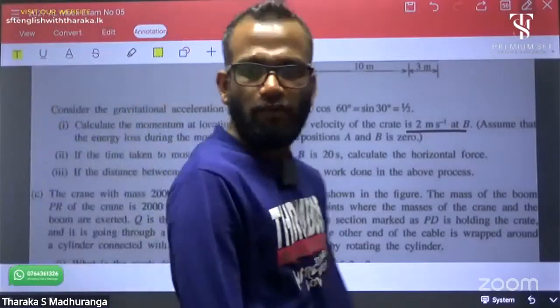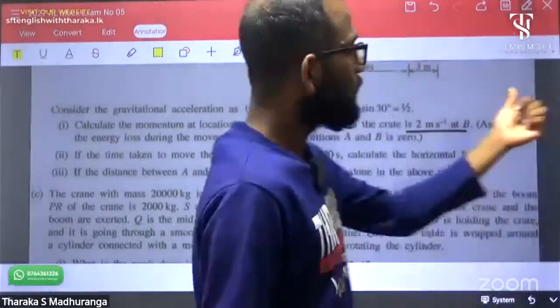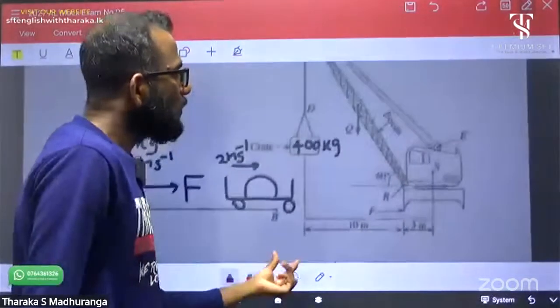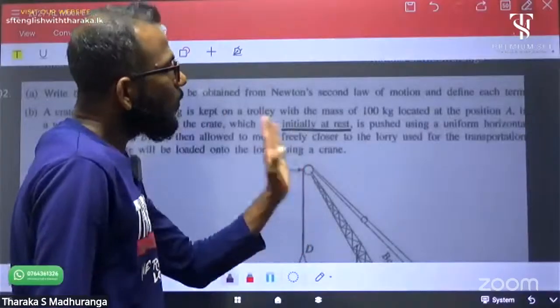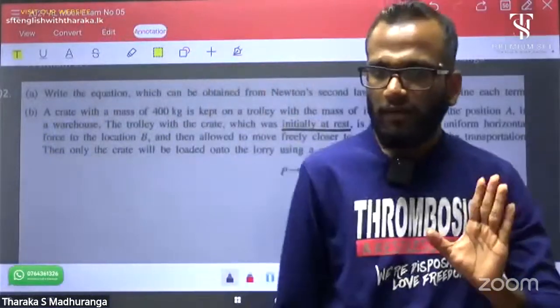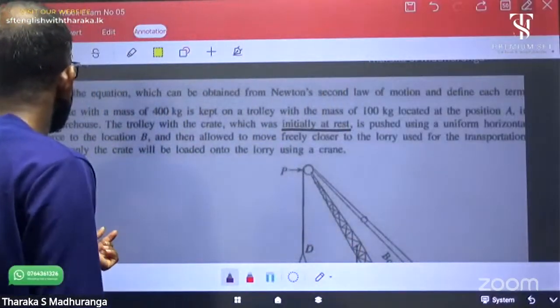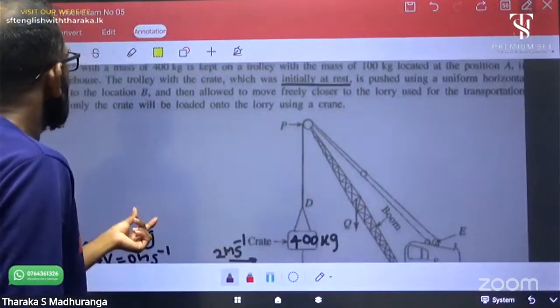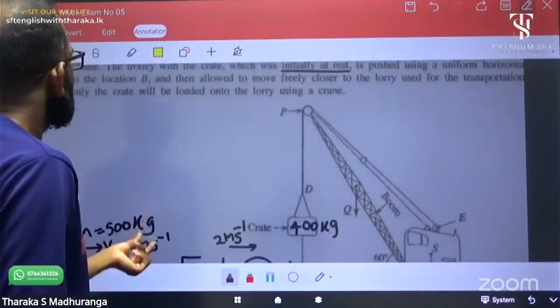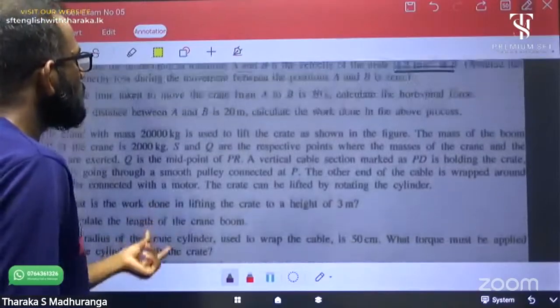Calculate the horizontal force. The question mentioned the uniform horizontal force applied on the object.